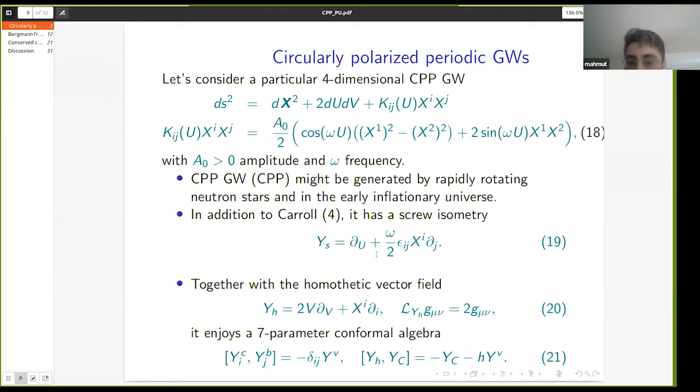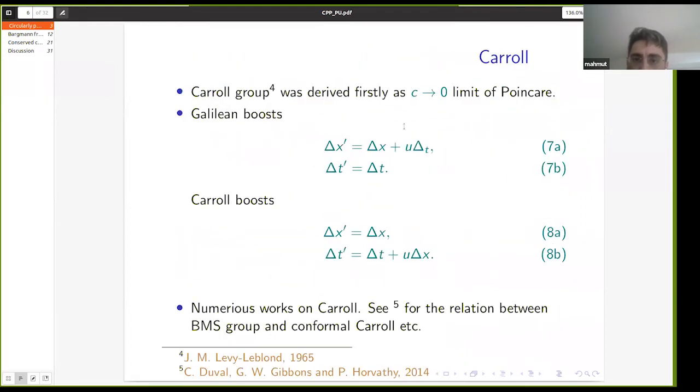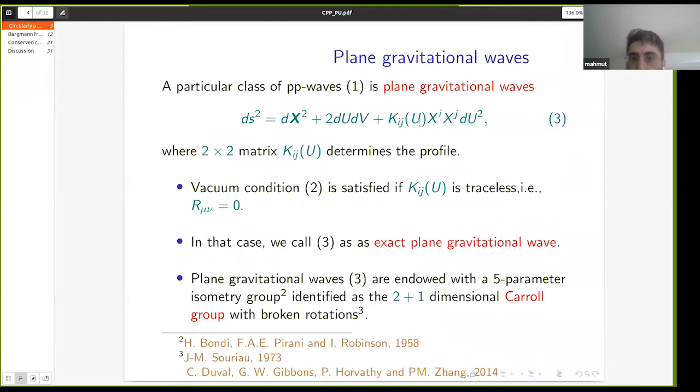Normally, if this Kij is, as you see from this metric, any function of U, the U translations may not give you a symmetry, because if you shift U, it may not stay the same.